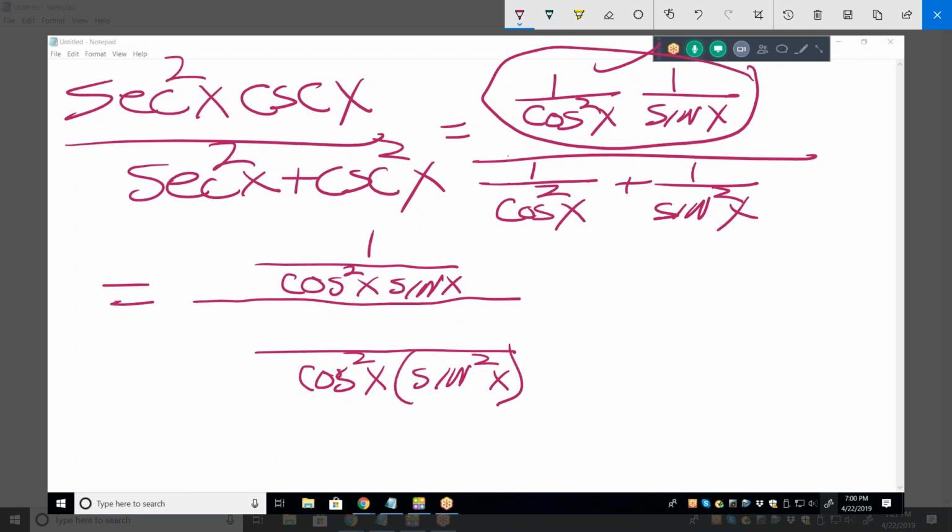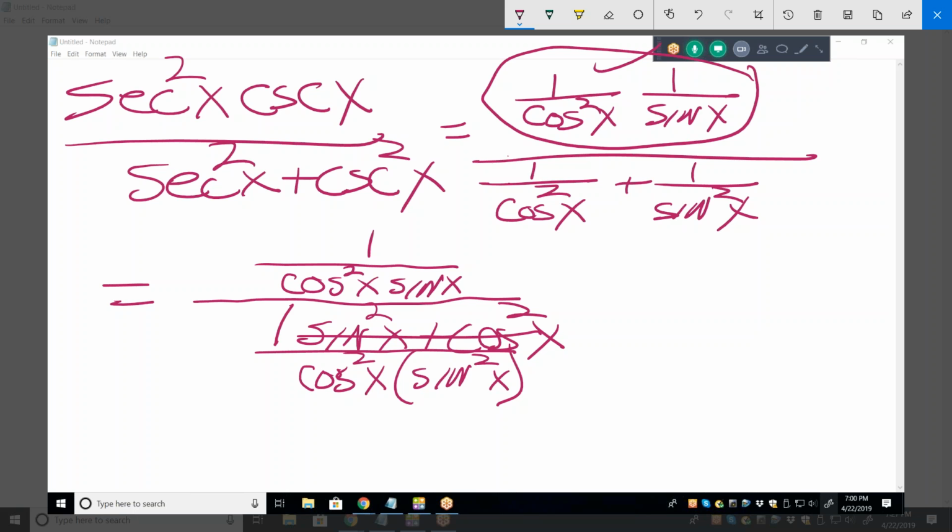The numerator is sine squared x plus cosine squared x. That's what I got. Notice that you always end up getting something that turns into 1. Okay? That's 1. Now, flip and multiply. What do you have?